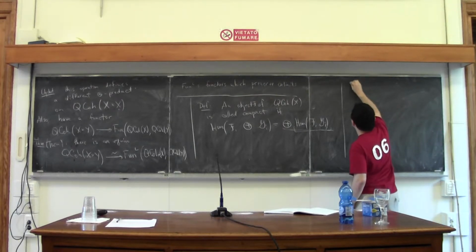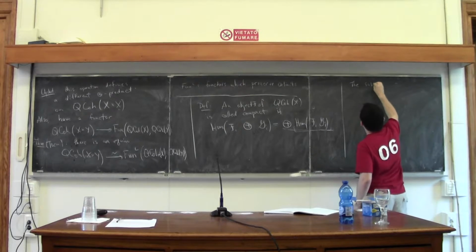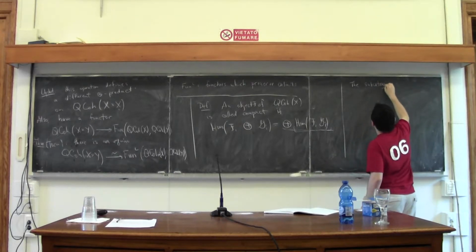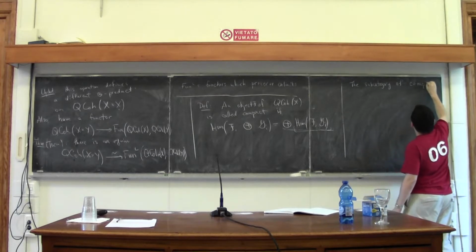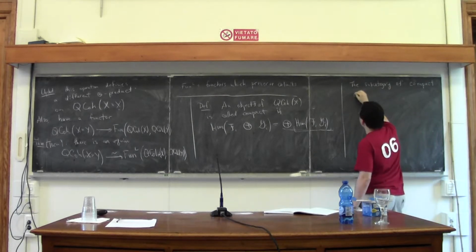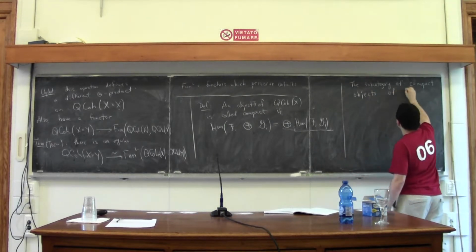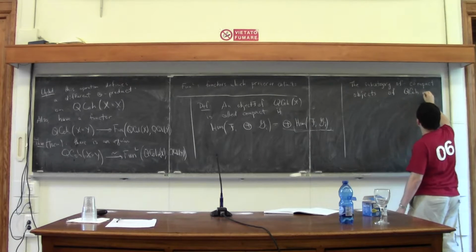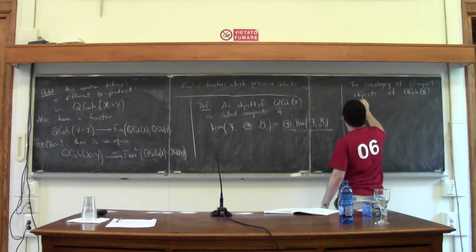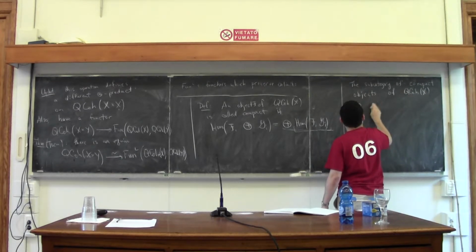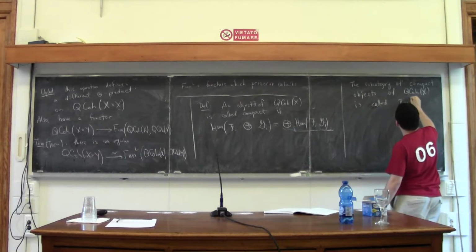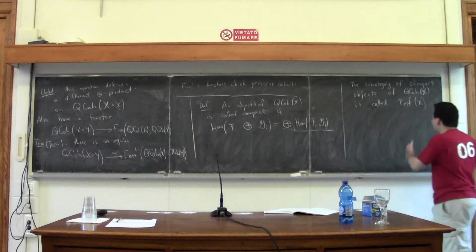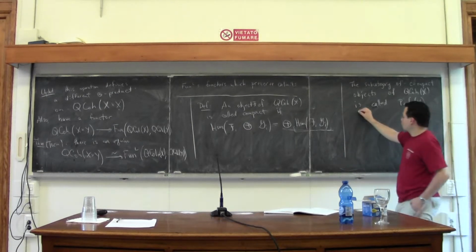So the subcategory of compact objects on X is called perf of X, which is the category of perfect complexes.